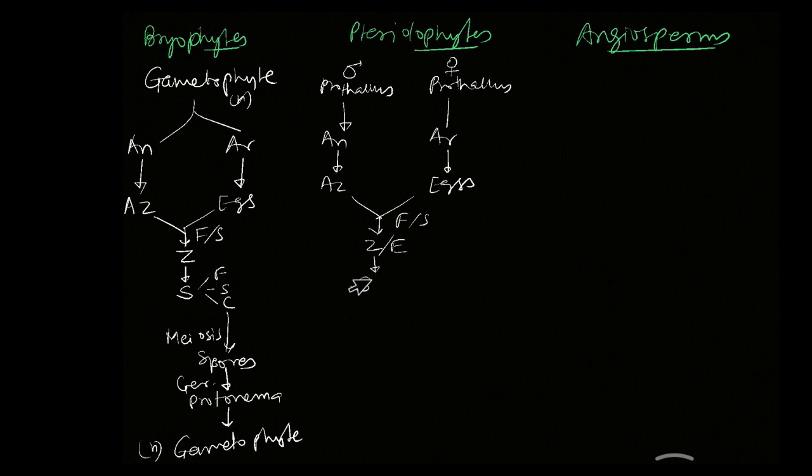Okay. In pteridophytes, the sporophyte is made up of root, stem and leaves. And the leaves are specialized and known as sporophyll.